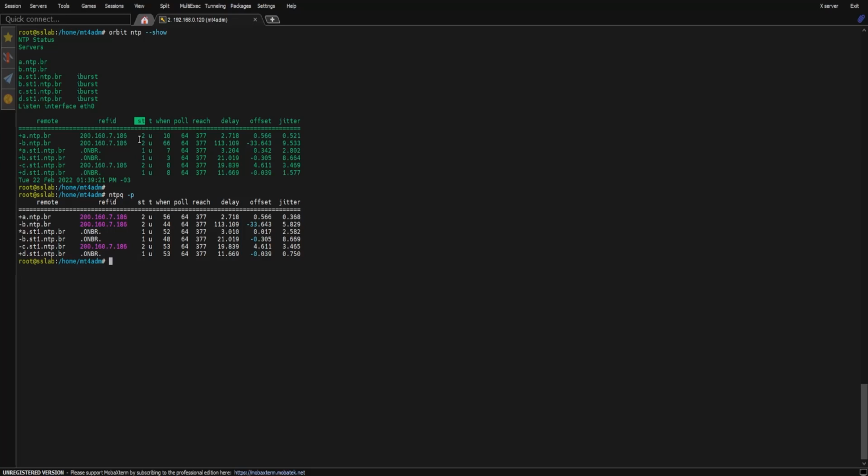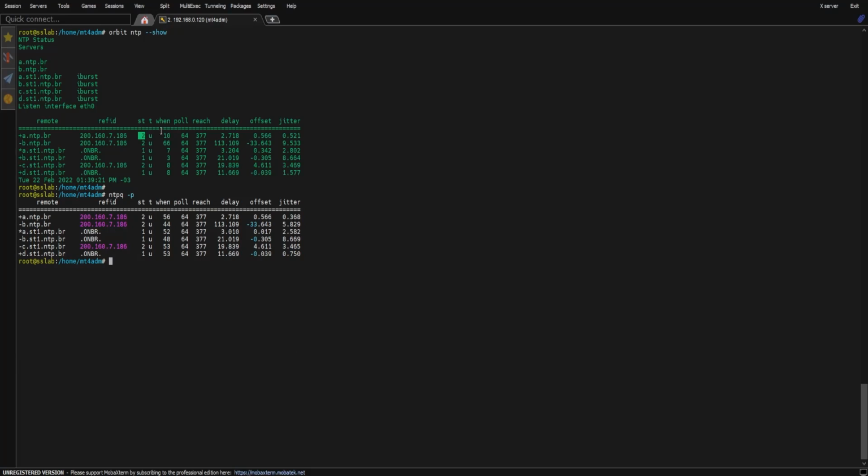Here in our example, we have our servers in ST2 and ST1. This means that they are in chain 2 or chain 1 of our hierarchy tree. The closer to 0, the closer to the root, the greater the time accuracy, and the further away, the lower the time accuracy.